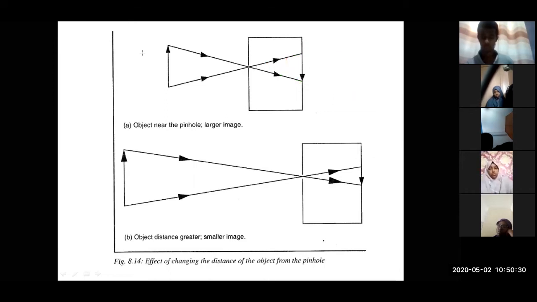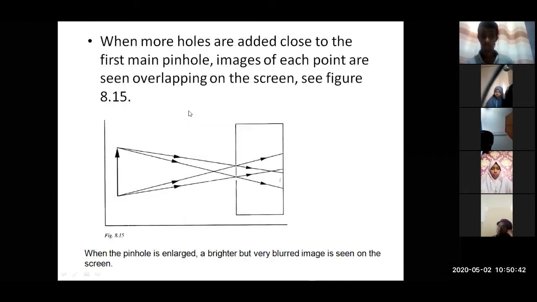Now I was moving on to when we have so many pinholes. So this is the first pinhole, then you make another pinhole there, another one here, another one here. So what happens in that case? So this is what happens. If we have so many pinholes, each pinhole is going to make an image. So for instance here, you can see there is this image here.